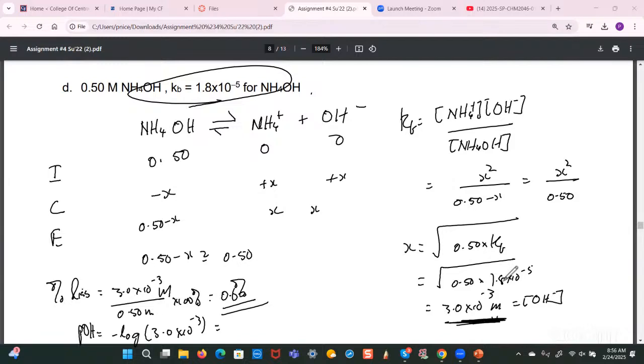So the pOH is minus log of 3.0 times 10 to the minus 3. According to my calculation, this works out to be 2.52, and then the pH will be equal to 14.00 minus 2.52, which works out to be 11.48. And that's what you do then.